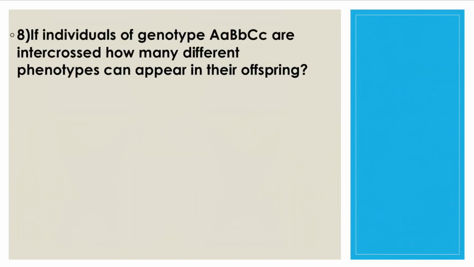If individuals of genotype AaBbCc are intercrossed, how many different phenotypes can appear in their offspring? You should know that when the number of gene pairs is n, then the number of phenotypes will be 2^n and the number of genotypes will be 3^n.